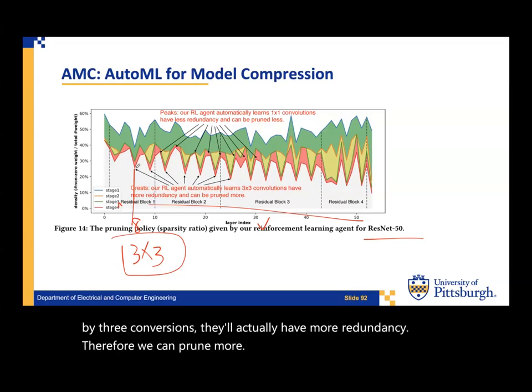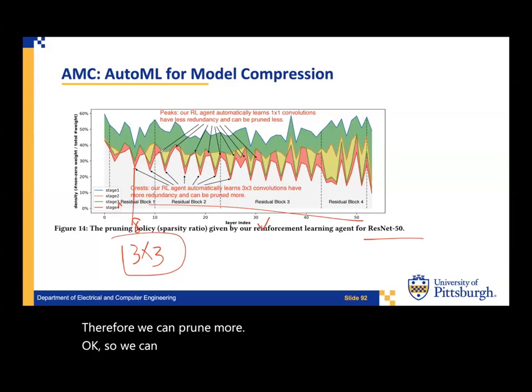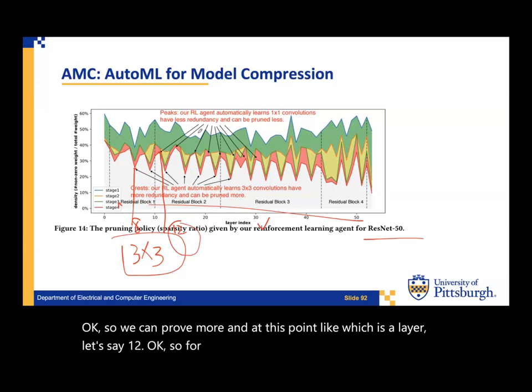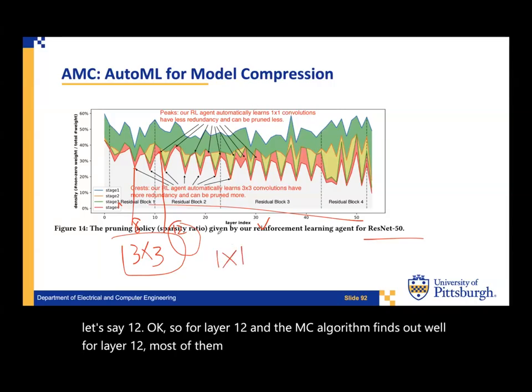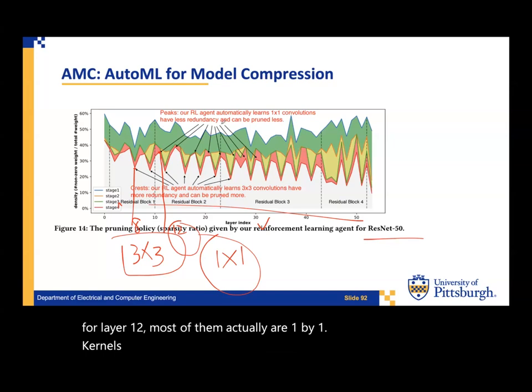And at this point, which is layer, let's say, 12, the AMC algorithm finds out that for layer 12, most of them are 1 by 1 kernels. So therefore, it has less redundancy and it can be pruned less.